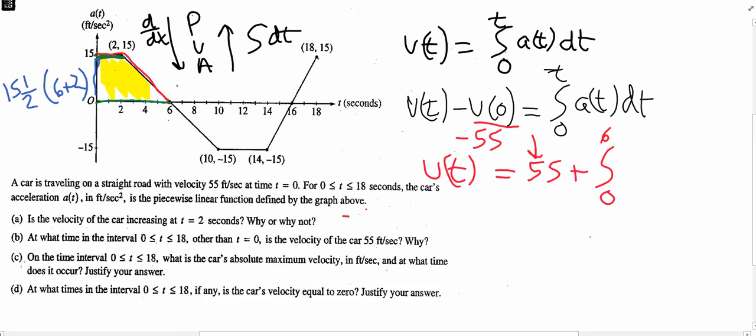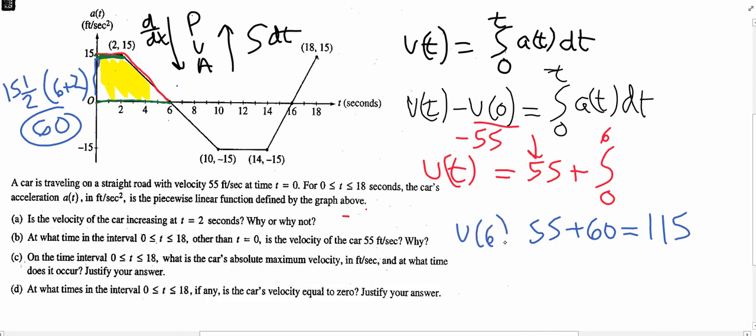So that's 8. Half of 8 is 4, and that's equal to 60. So at 6, I'm at 60 plus 55, or 115. So this is my velocity at 6.